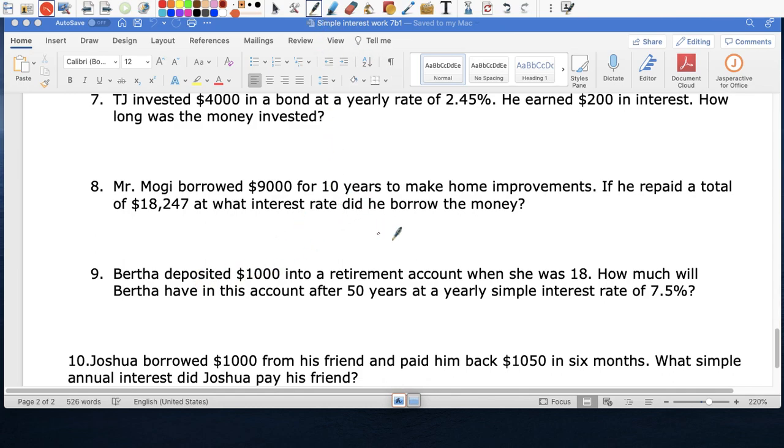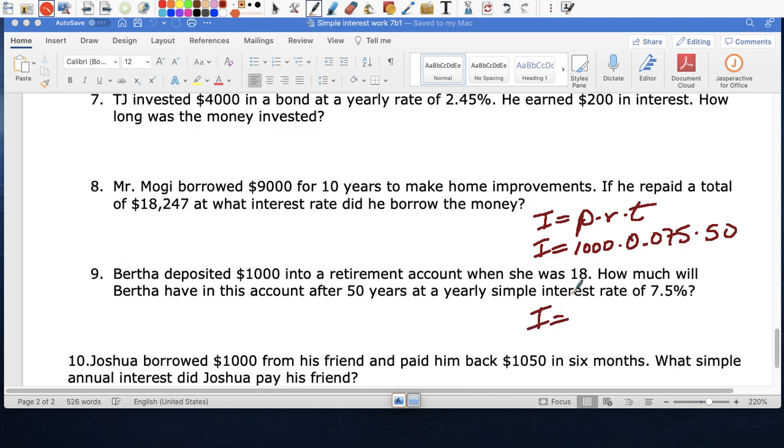Bertha deposited $1,000 when she was 18 in a retirement account. How much money will Bertha have in the account after 50 years at a yearly rate of 7.5%? And again, this should be interesting. So she put $1,000 down, left it in the bank at 0.075, and she left that for 50 years.